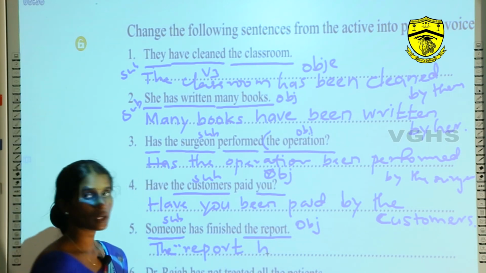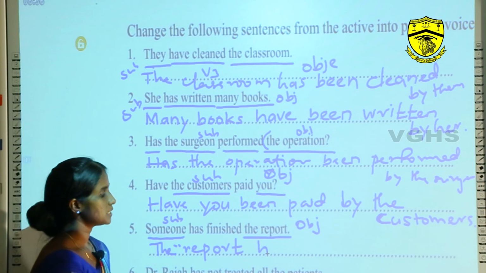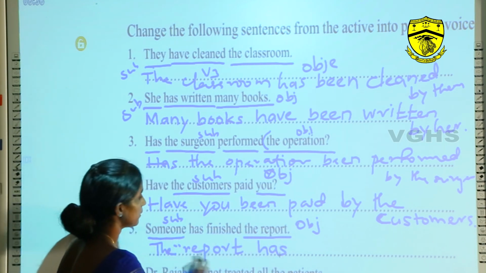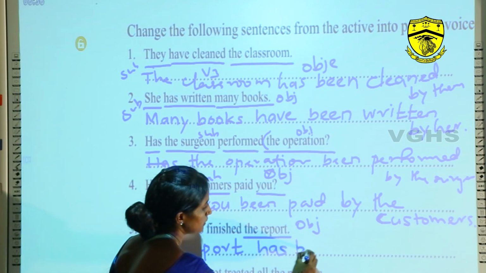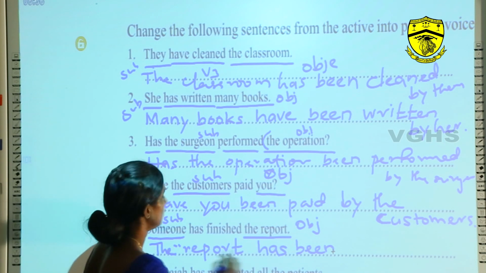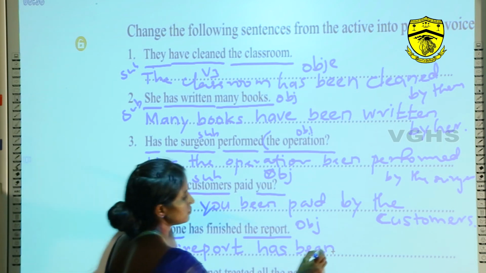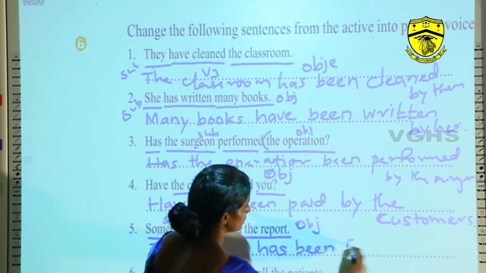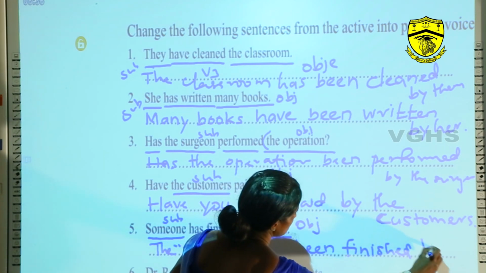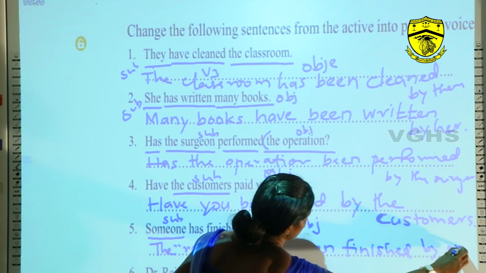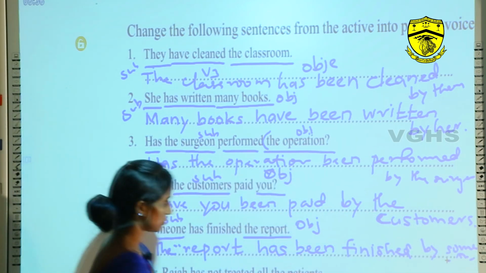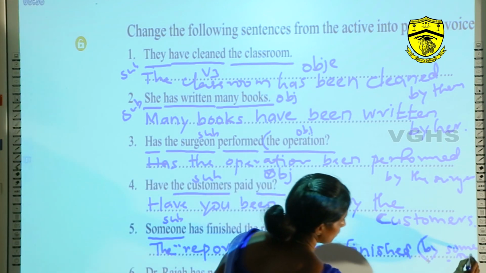The report, singular or plural? Singular subject, so we put has. The report has. In the passive form of the present perfect tense we must put been. The report has been finished by someone. Here you can omit this also. It's not necessary.